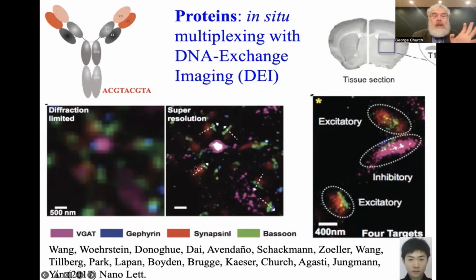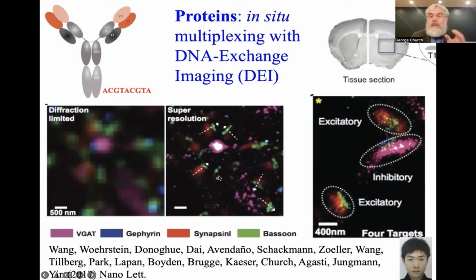You can see that you cannot resolve the synapses in this brain specimen without the super resolution. You need on the order of 20 to 50 nanometers in order to see which, when you have a lot of close axonal and dendritic spines, to tell which is which, you need to identify the synapse, the pre and post synaptic proteins here.